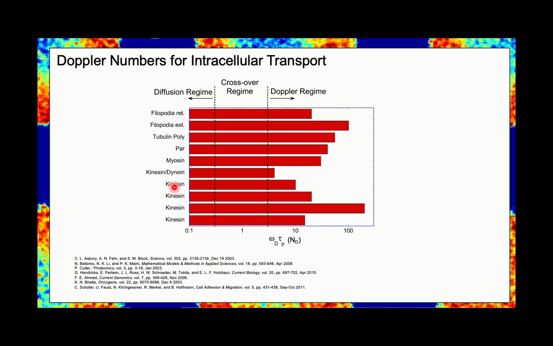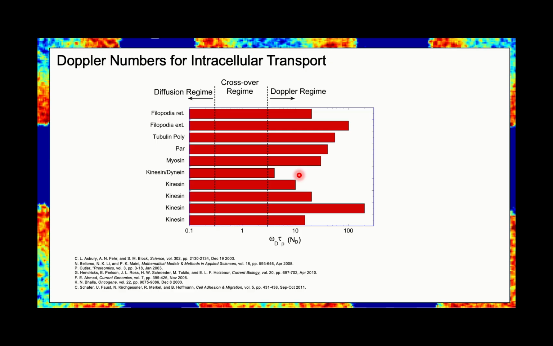There are lots of papers written on the same processes, but what they all pretty much agree on is that if you consider the persistence length or the persistence times and the speeds, all of these processes, or I should say almost all these active processes inside a living tissue, are in the Doppler regime. So your Doppler number is greater than 3 and possibly around 10 or even higher.